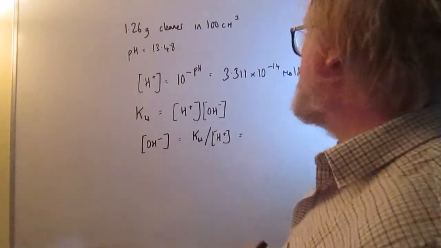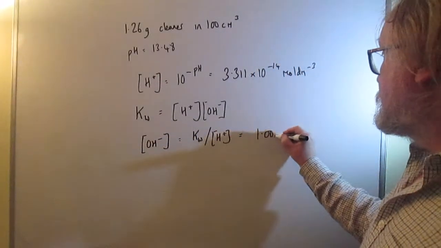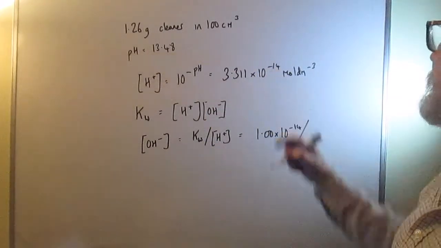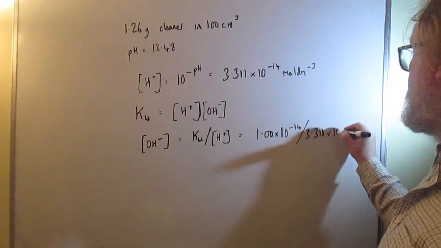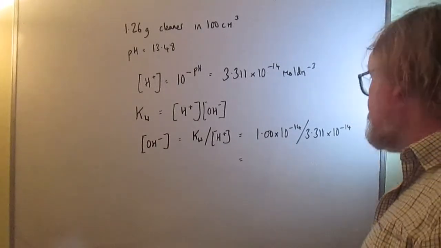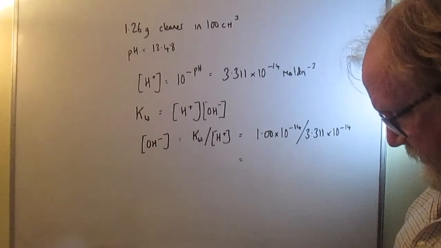We know both those numbers, because Kw is on your data sheet, 1.00 times 10 to the minus 14, divided by H plus, which we've just worked out, 3.311 times 10 to the minus 14. If we do that sum, we can get the answer.